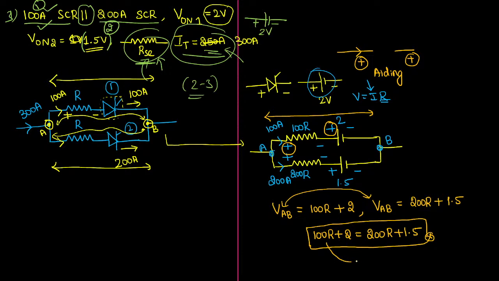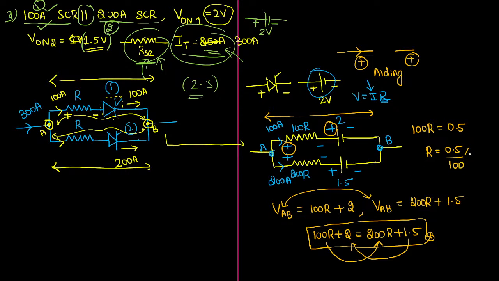If I bring this 100 times R to the right side, 200 minus 100 will give you 100 times R once again. If I pass this 1.5 to the left-hand side, 2 minus 1.5 will give you 0.5 only. So the value of resistor R will become 0.5 divided by 100.